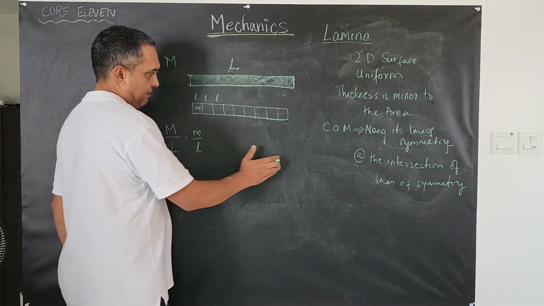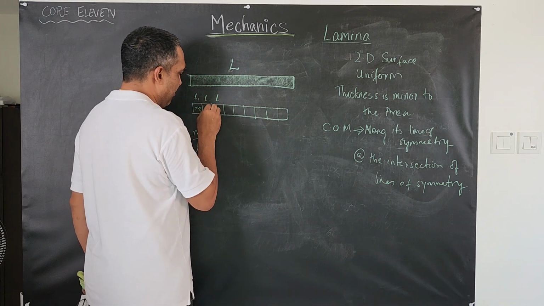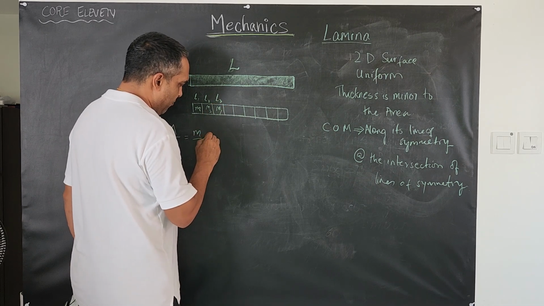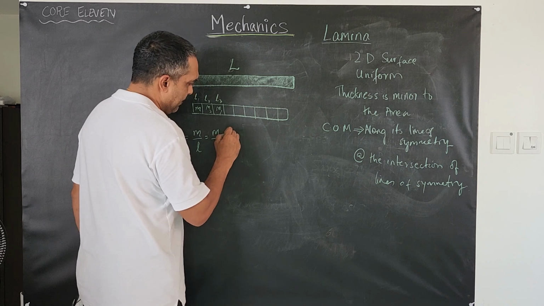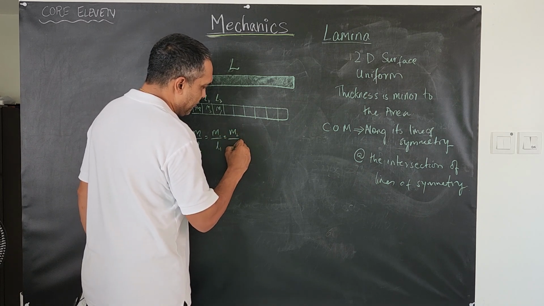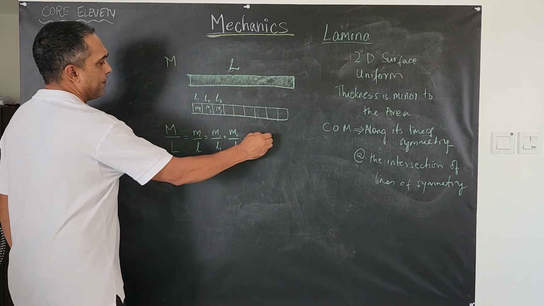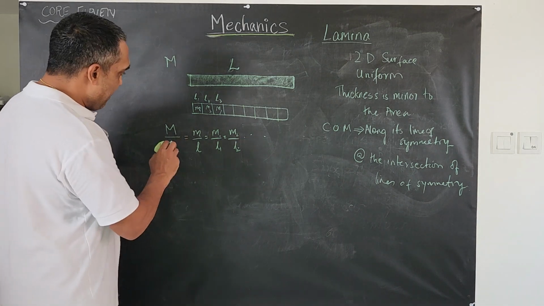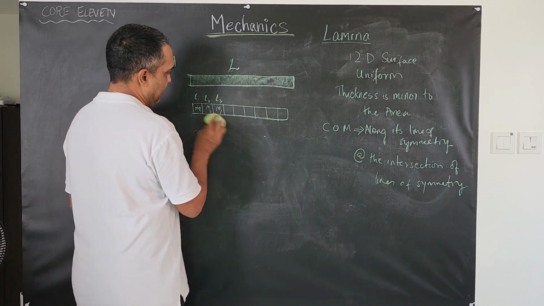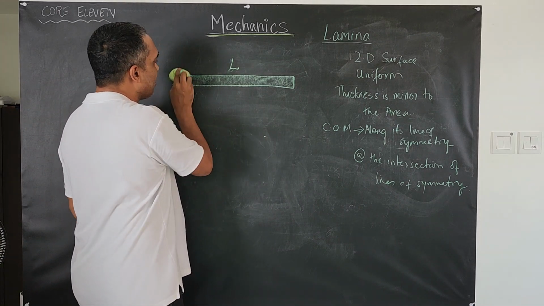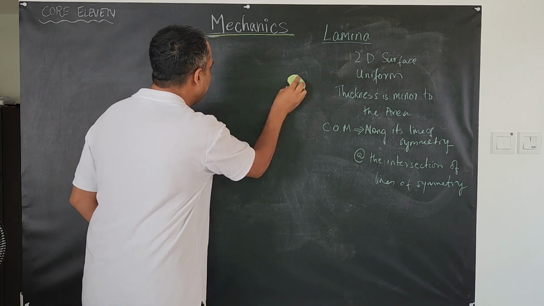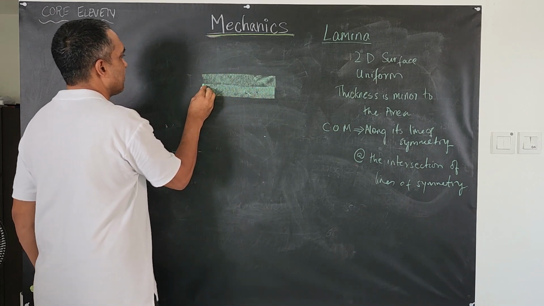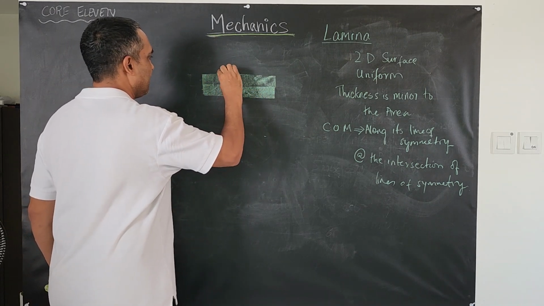This is uniformity. And if this is L1, M1, L2, M2, L3, M3, then I would write this as M1 by L1 equals M2 by L2. This is where mathematically, when I say uniform, this is applicable. And if I extend this concept to a lamina, then I'm no longer looking at L, but at area.